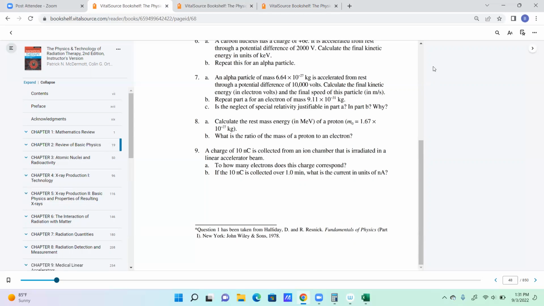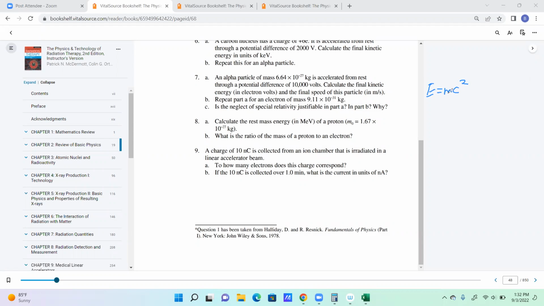So what do we need to do? Well, the first thing is I'm going to write down the formula, so we know what the speed of light squared is.